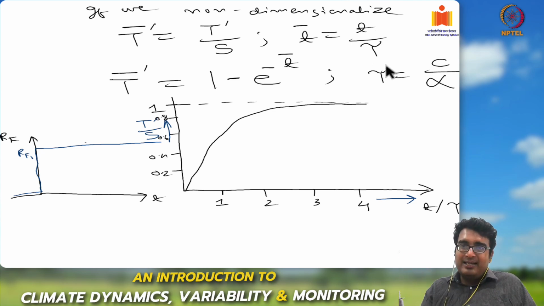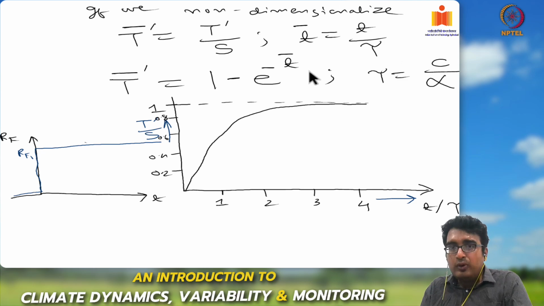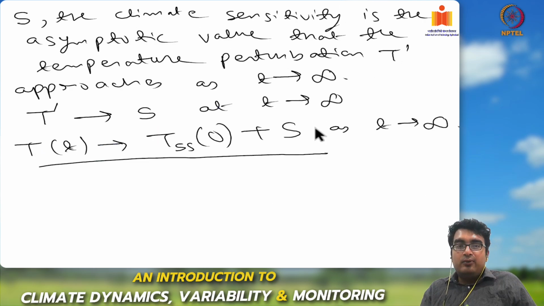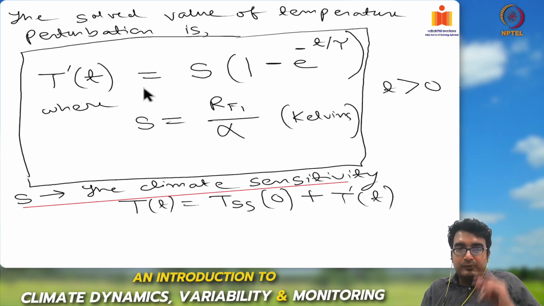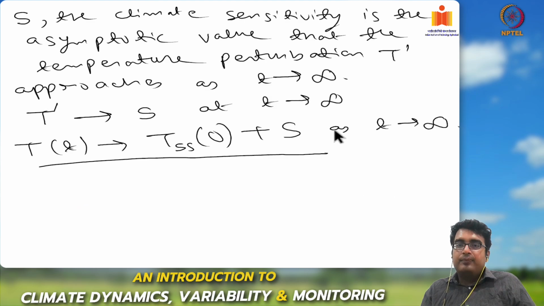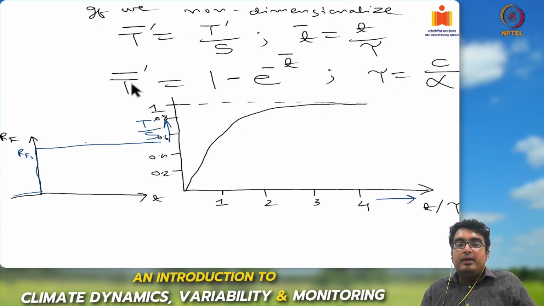Relaxation time is in seconds, so it also helps us to non-dimensionalize the time. Okay. With these new values, you can see here T prime by S is T bar prime, t by tau is t bar. Okay. So this becomes T bar prime equals 1 minus e to the power minus t bar. This becomes the expression, where tau is of course equal to c by alpha.